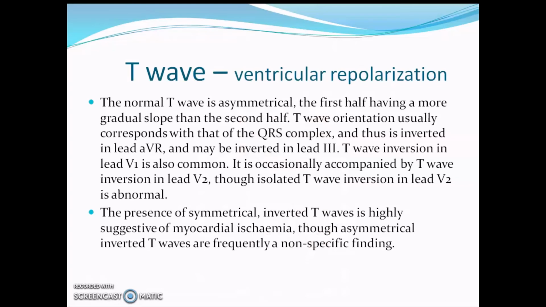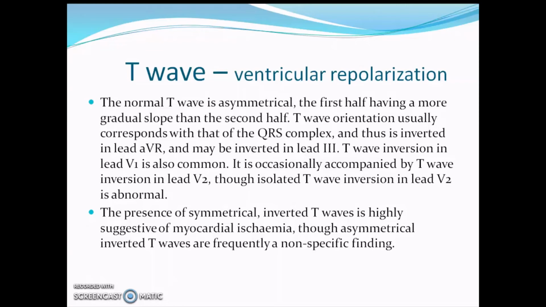Now, next coming to the T wave. The T wave is due to ventricular repolarization. The T wave is not symmetrical, it is asymmetrical. The first half has a gradual slope, then the second half is steeper. The T wave corresponds to the QRS complexes. So the T wave is upright in the left-sided leads, whereas it might be inverted in the right-sided as well as inferior leads.